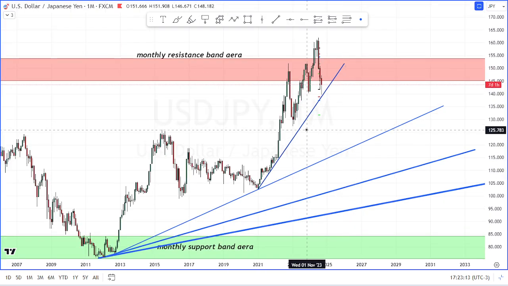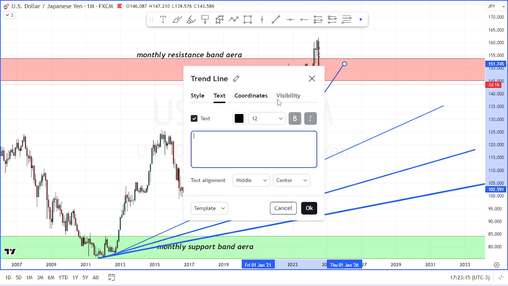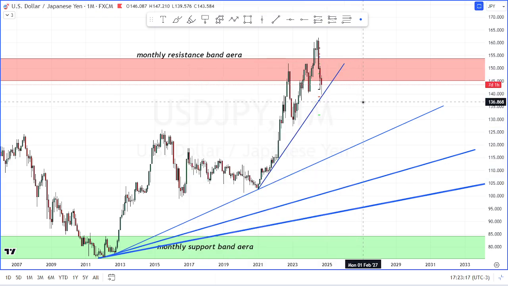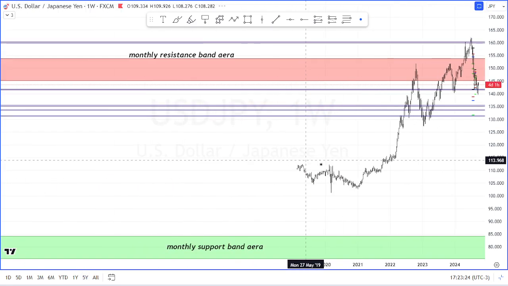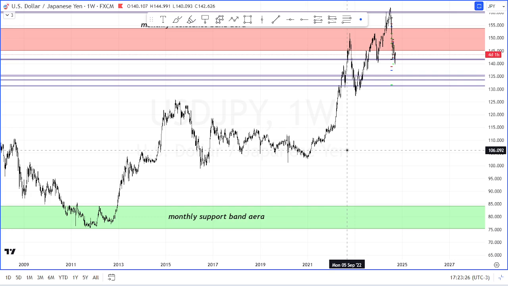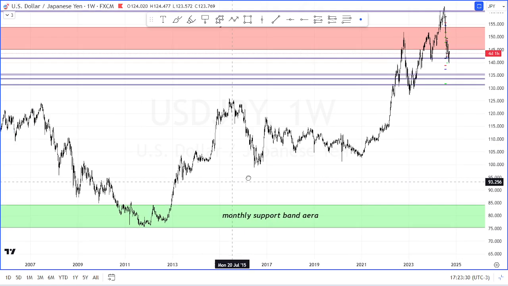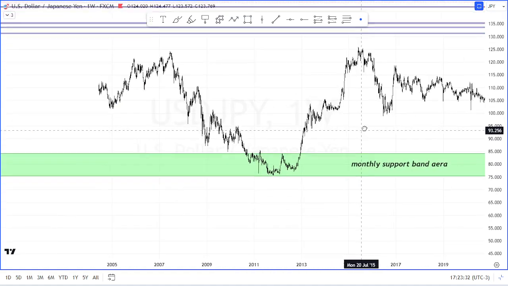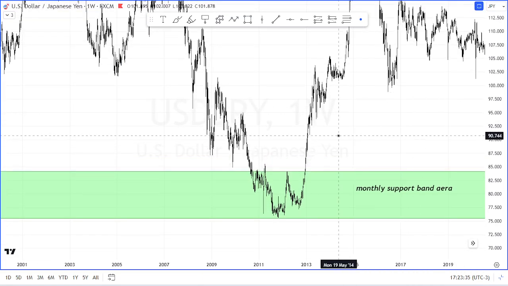Now I'm going to go to the weekly time frame. As you can see, there are no trend lines on the weekly time frame right now. So I'm just going to do the same thing that I did previously.